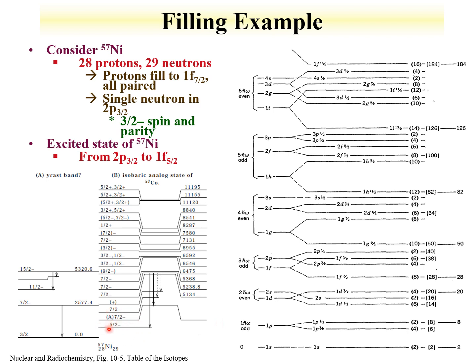So f being negative, 5/2 state. So this also seems to correlate with the shell model. Nickel-57, 28 protons, by the way, magic number. So nickel-57 is fundamentally one off from being a double magic nucleus.